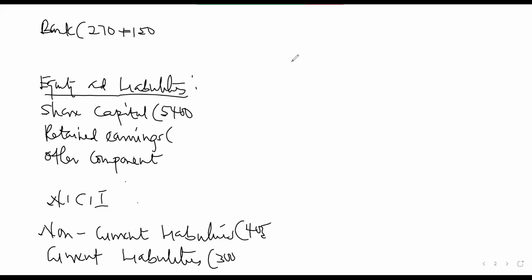Is it less than 50? If it is less than 50, it means that the parent has lost control and they cannot consolidate the subsidiary again. So there will not be any consolidation of that particular subsidiary. However, you will now account for the remaining interest, which can be 30%, 20%, 40%. You account for it as either investment in associate or maybe a mere financial instrument if it is less than 20%.